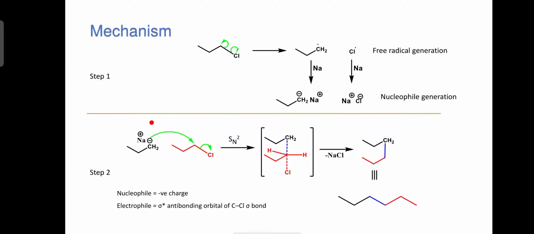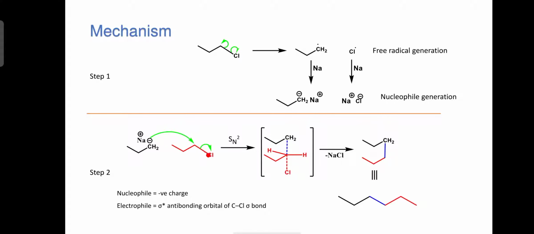The nucleophile generated in the first step will attack the sigma star anti-bonding orbital of this sigma bond. Here the nucleophile is the negative charge on this CH2 group, and the electrophile is the sigma star anti-bonding orbital of this carbon-chloride sigma bond.